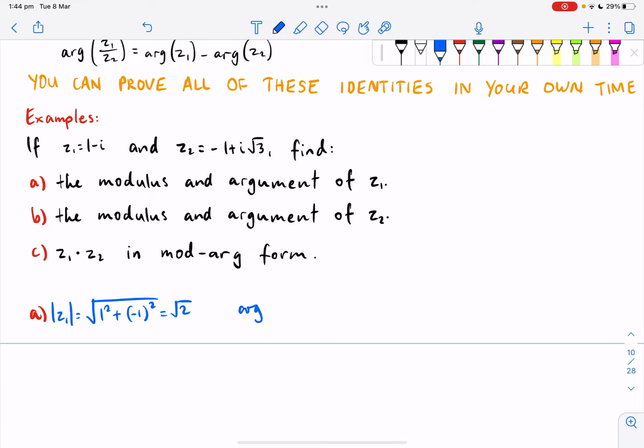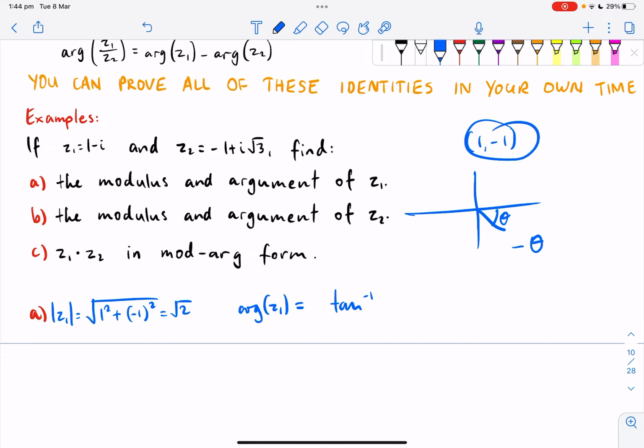The argument of z1, if you notice, this is 1, negative 1. If we think about the coordinate 1, negative 1 on our diagram, it would be here, down here. And if you recall, with all those quadrants, this is going to be a negative theta situation. So all I have to do is take the tan inverse of the absolute values of that, so 1 over 1, and put a negative out the front.